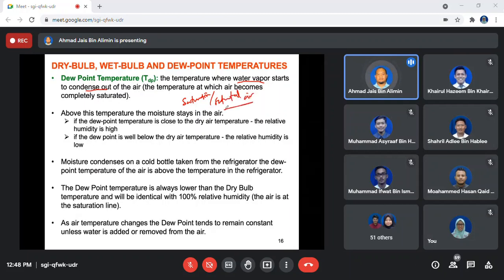In this condition, the water vapor is increasing until the saturated air reaches the temperature where the water vapor is ready to condense. When you observe the presence of water as liquid, it shows that that particular atmospheric air has already reached the dew point temperature.